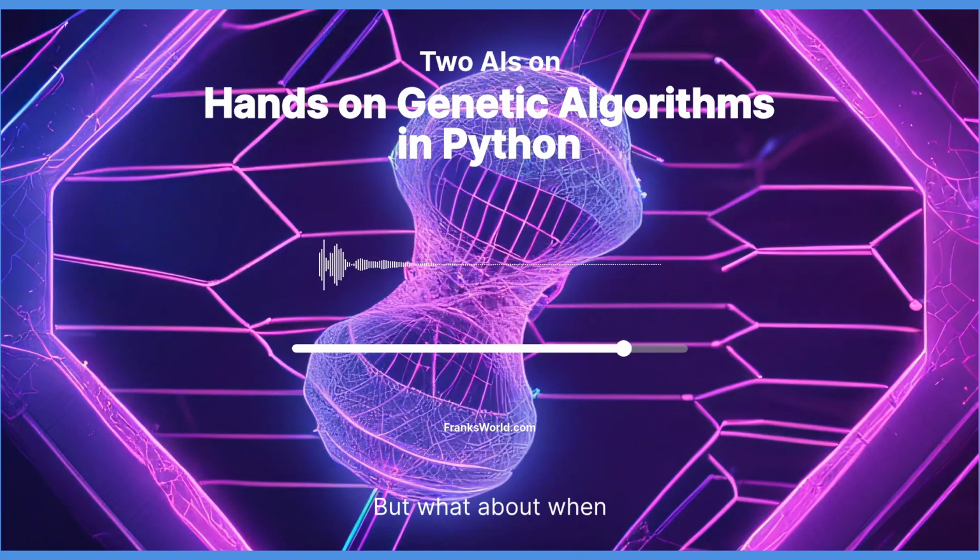Wow, that's incredible. But what about when we need even more horsepower, when even multiprocessing isn't enough? That's where distributed computing comes in. Imagine harnessing the power of multiple machines connected over a network, like having your own personal supercomputer. Now that is next level evolution. The book talks about the SCOOP library for distributed computing in Python. So how does that fit in?